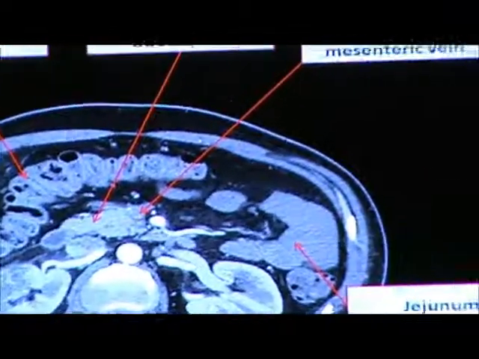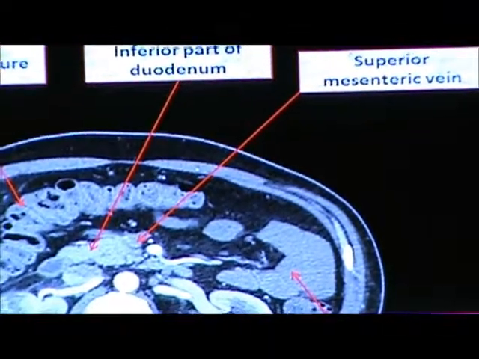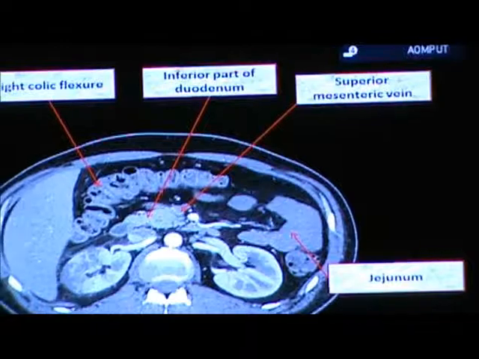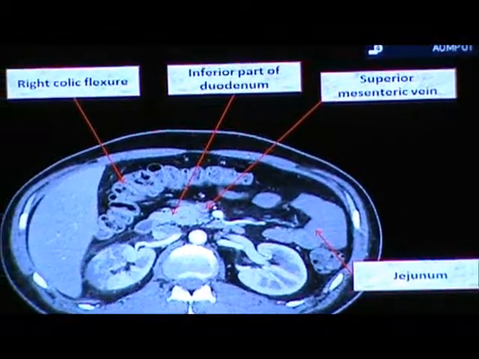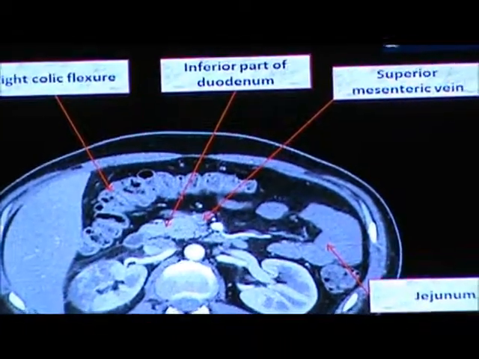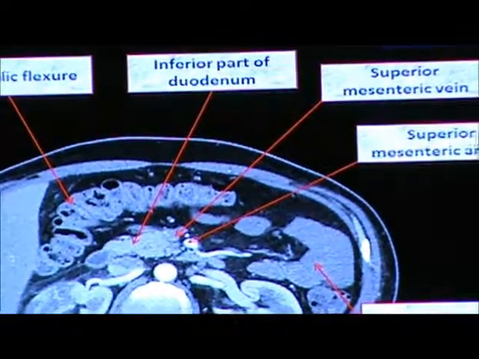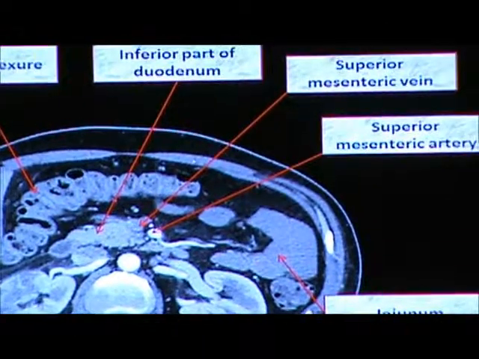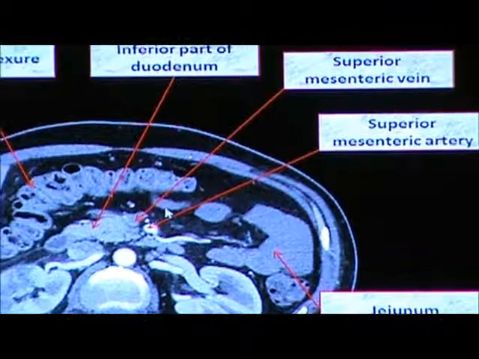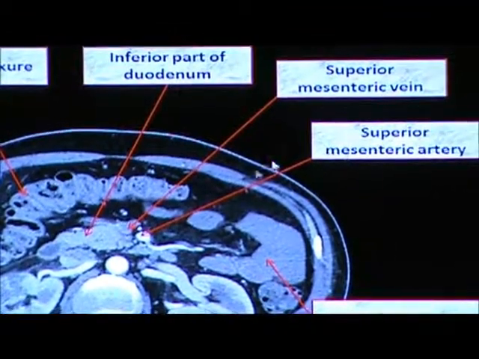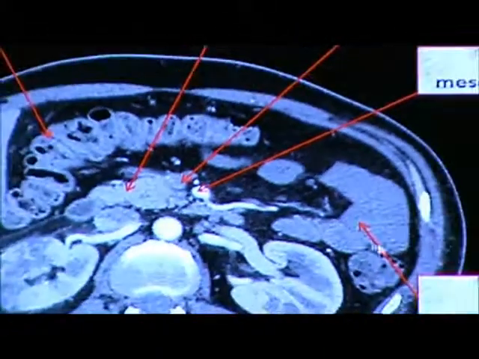And at the level of the inferior part of the duodenum, we can see how it's crossed by the superior mesenteric vein and artery. We can also see that the superior mesenteric artery sends the first jejunal artery here, in the direction of the jejunum.